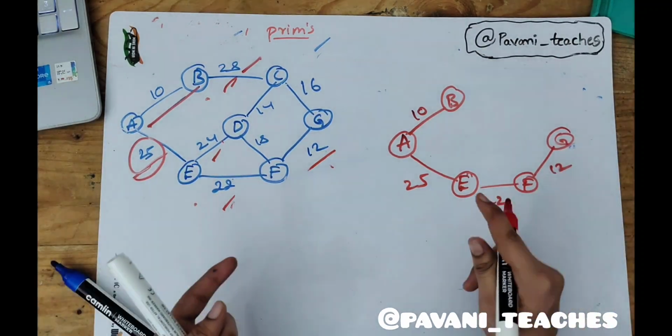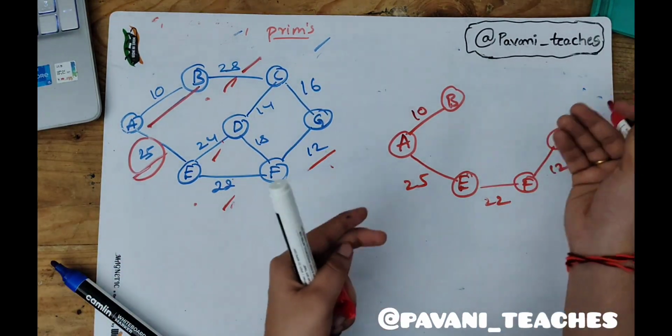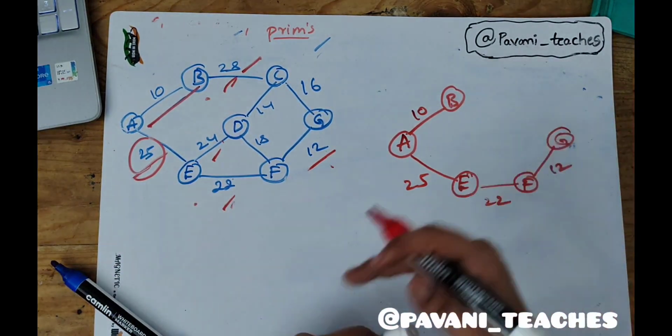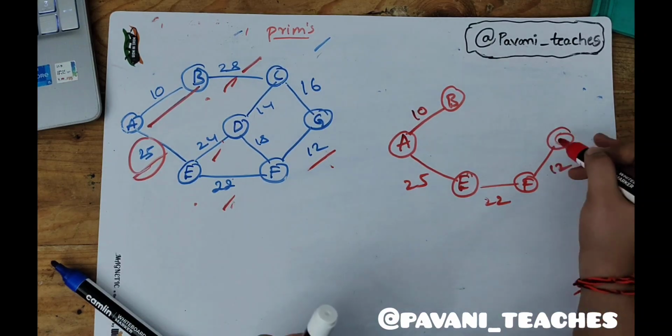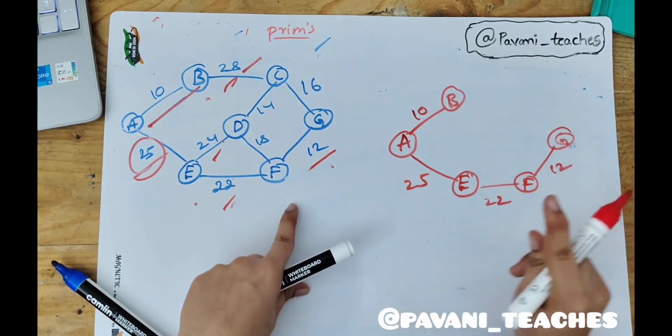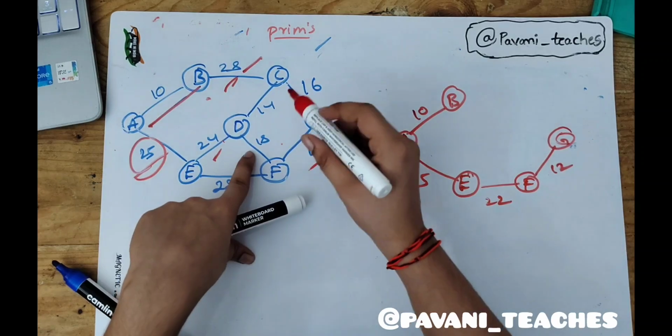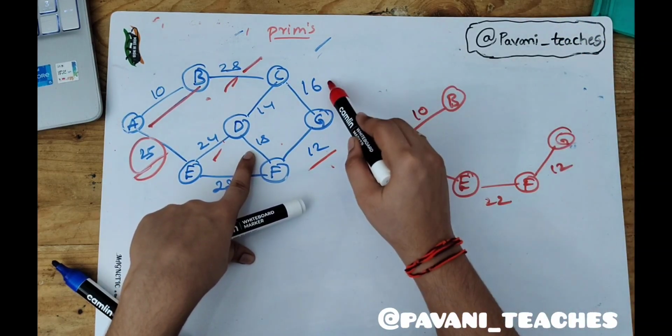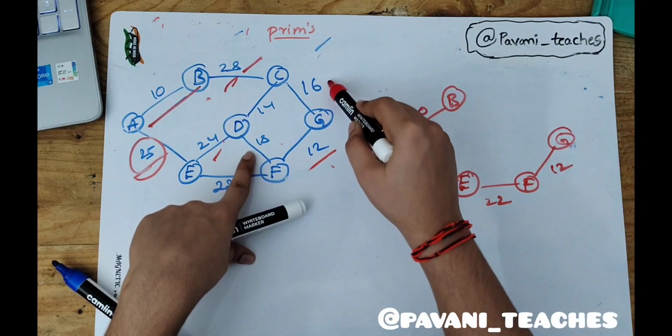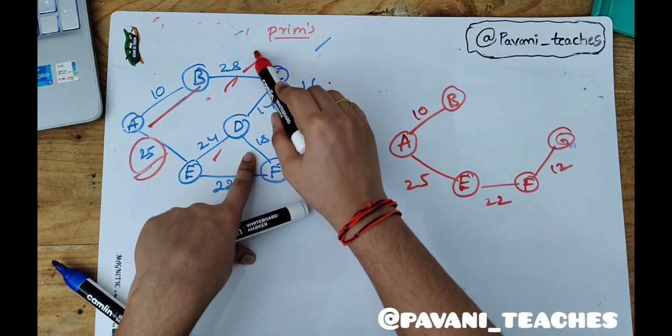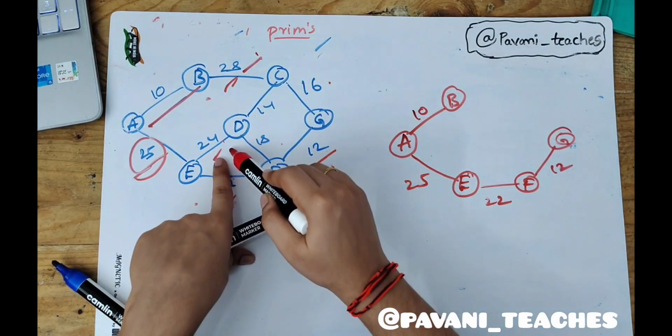Then again we have to check the possible connected edges with G also. Now the possibilities are 18, 16, 28 again here, and 24.